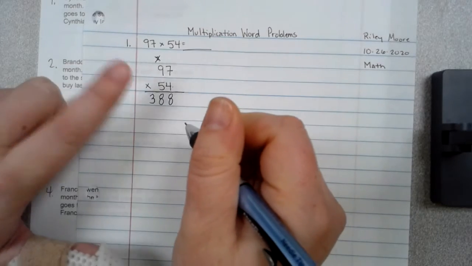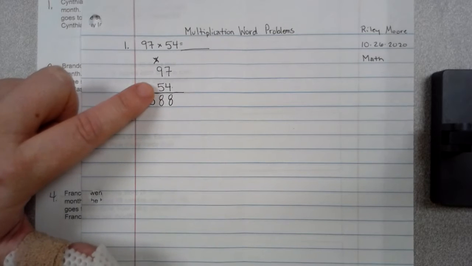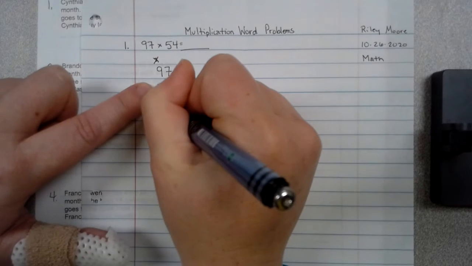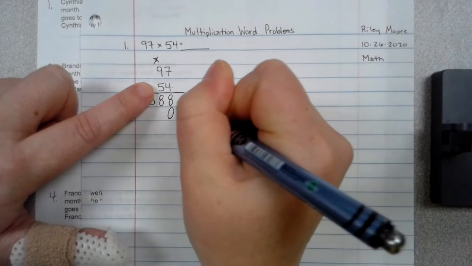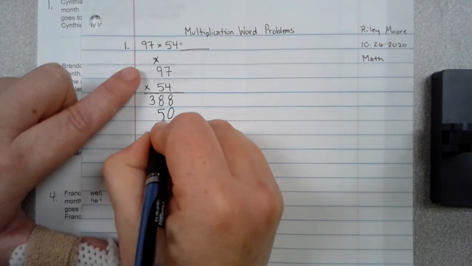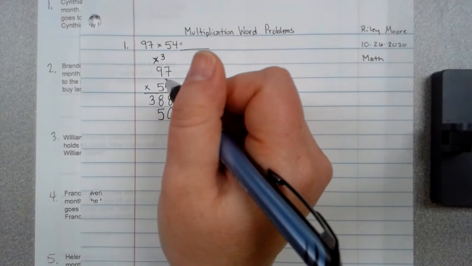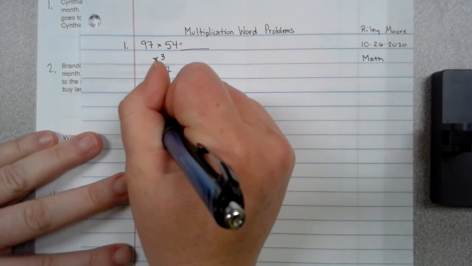Mark that out. Now, remember, we're going over to the tens place, so it's like we're saying 7 times 50. So I'm going to go ahead and put my 0 right here. And then 5 times 7 is 35, so put my 5 here. Kick up my 3. 5 times 9 is 45, plus 3 is 48.